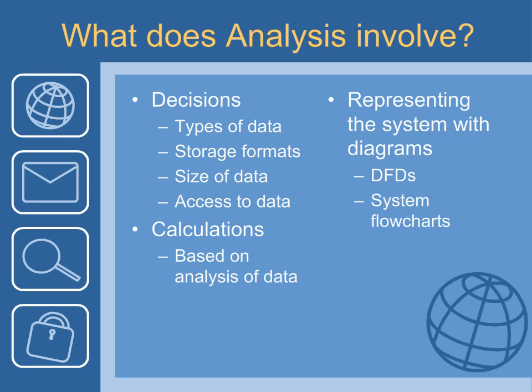And calculations have to be made because things have to fit. There's no good putting together a requirement specification and ultimately designing something when it's not going to fit all the data that needs to be saved, or whatever parameters you're going to look at. But representing the system with diagrams is something you really have to get your head around, and it's about practice, and we're going to look at them next.